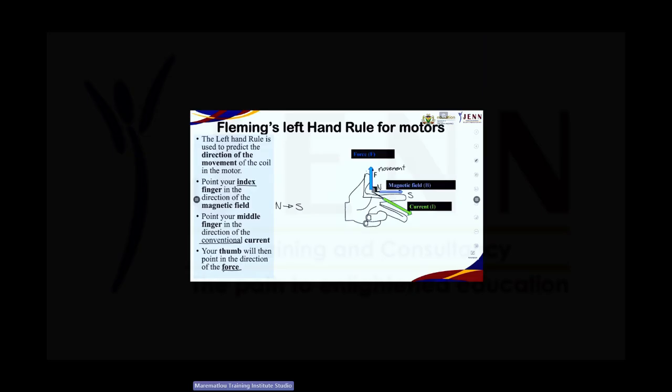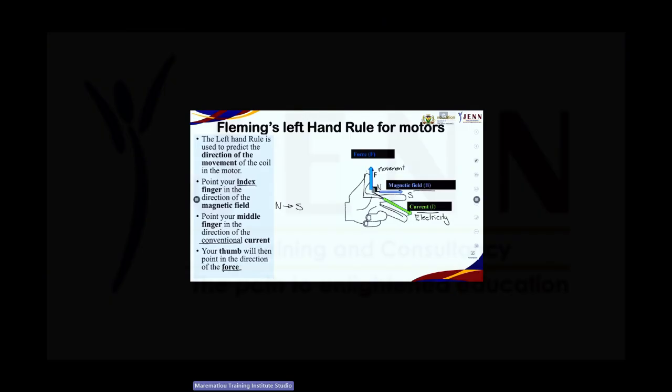Your index finger is going to show the magnetic field. And your middle finger is going to show the direction of the current, and that is where we have our electricity.